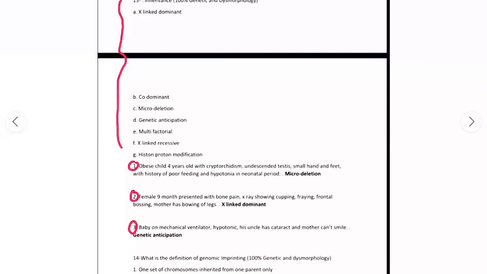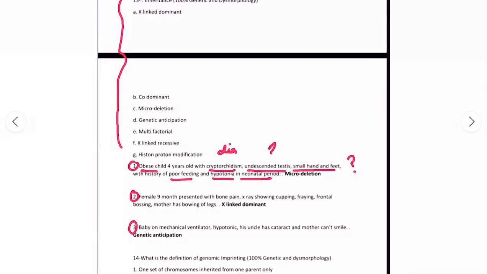Next is an obese 4-year-old child with cryptorchidism and undescended testes, small hands and feet, with a history of poor feeding and hypotonia in the neonatal period. What is your diagnosis here? Yes, Prader-Willi syndrome.